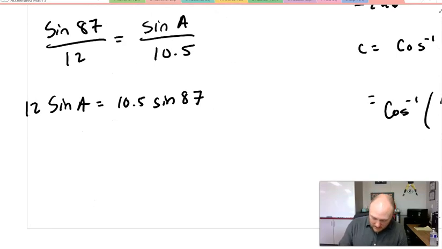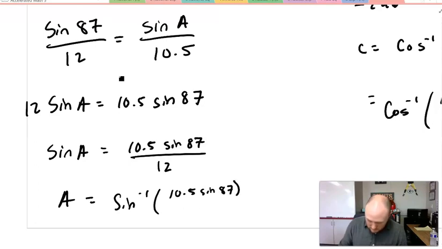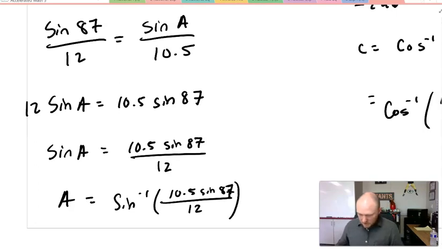Then I divide both sides by 12, so sine of A is equal to 10.5 sine of 87 over 12. Then take the inverse of that: A is equal to sine inverse of 10.5 sine of 87 over 12. Let's plug this in and see what we get.